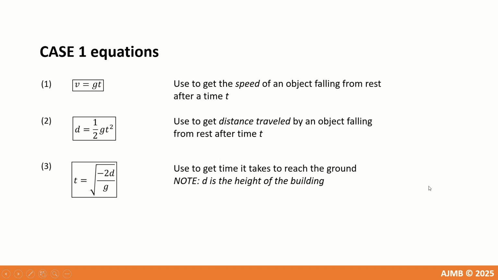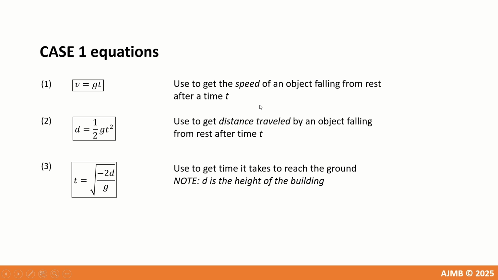Now, let's take a look at the three equations that you are going to use in case number 1 of free fall problems. In number 1, the velocity is equivalent to the acceleration due to gravity multiplied by the time. So you're just going to get the product of g, which is equivalent to negative 9.8, with whatever time is given to you. So when do you use this equation? You would use it when you are asked to get the speed of the object that is free falling after a certain time.